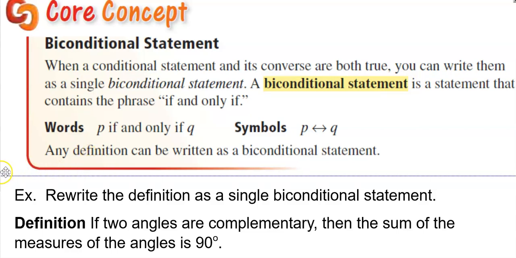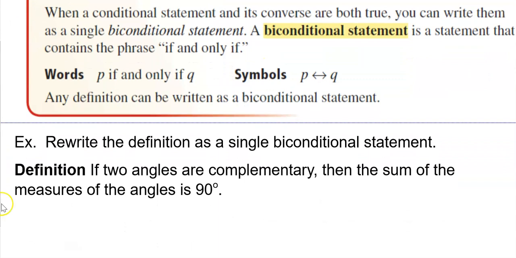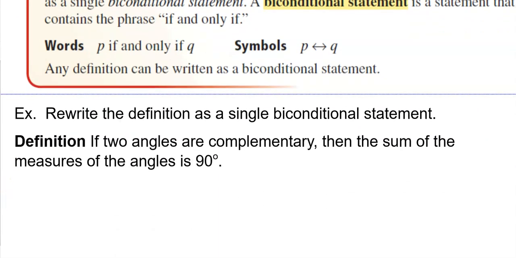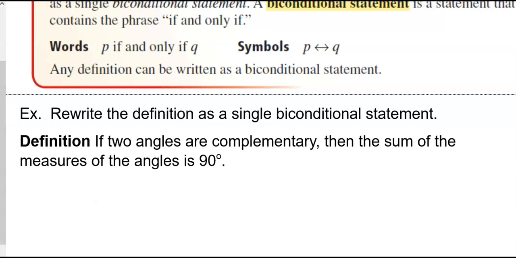Okay. So if we take a look here at our example, it says rewrite the definition as a single biconditional statement. Definition: if 2 angles are complementary, then the sum of the measures of the angles is 90 degrees.